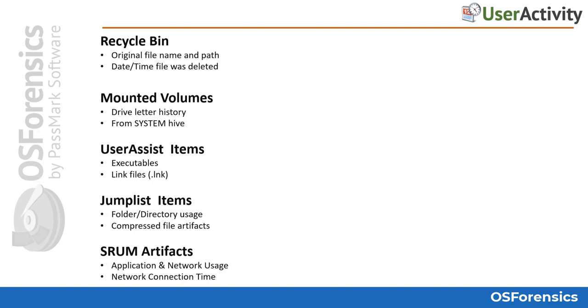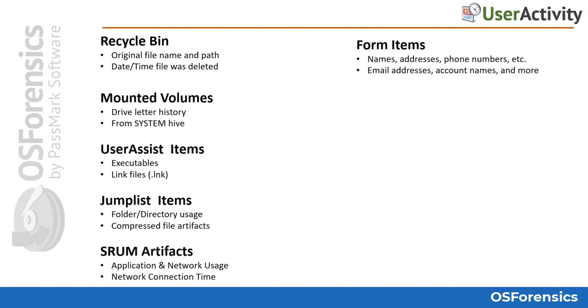And again, this is in the advanced category for advanced artifacts and won't be returned or scanned for unless the user goes into the config and enables that artifact to be scanned for. But SRUM in a nutshell will show some application and network usage, and log some network connection times, which can be valuable to certain investigations. So just keep that in mind.